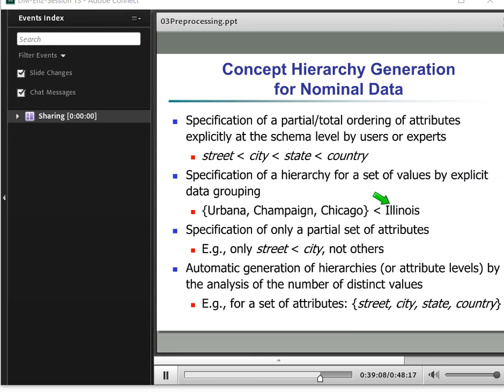So if I have a hierarchy for address, simply I can go through that hierarchy, and instead of saying the real address of the user, okay, I'm in street X, in the city of Y, and in the state Z.